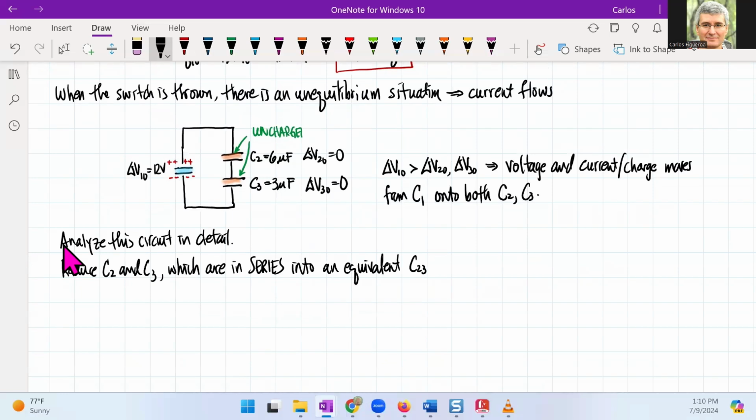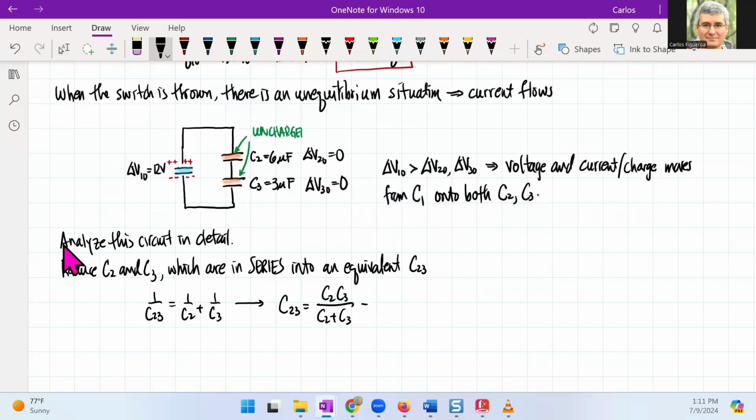If I do that, then 1 over C23 is going to be 1 over C2 plus 1 over C3, but using the trick, I could write this as this combination of C2 and C3.